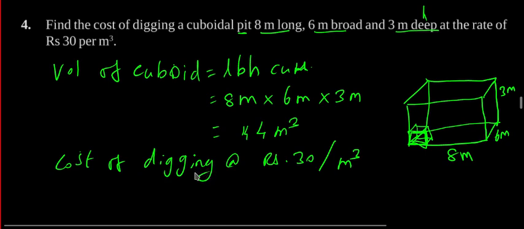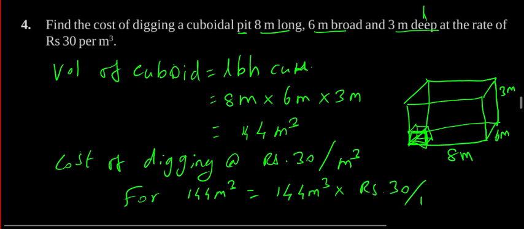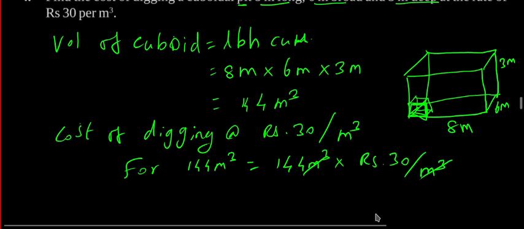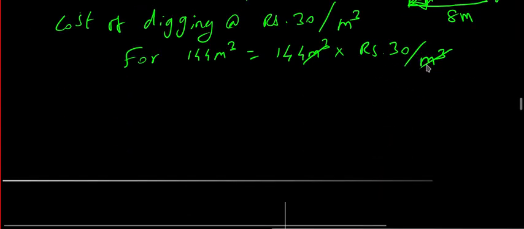We have to find out. So for 144 meter cube we need to multiply 144 meter cube into rupees 30 per meter cube. So this meter cube and meter cube will get cancelled. What unit is left over at last? This rupees. So, rupees we can put, and 144 into 30.